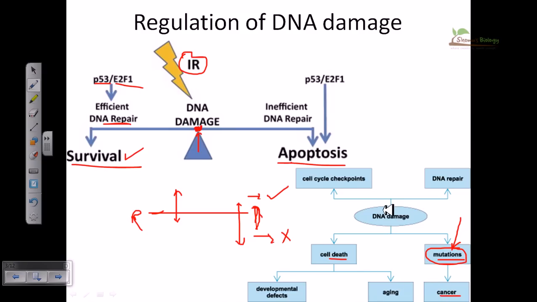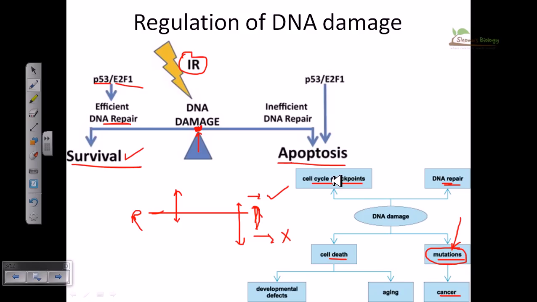Now finally, DNA damage can also lead to different paths like DNA repair systems, or these are the checkpoint systems which can block the DNA damage before the damage happens. That means there are some error prone regions inside the cell, there are some processes which are error prone. In those situations, there are different checkpoints which can control tightly whether the cell is going to go through that checkpoint or not.